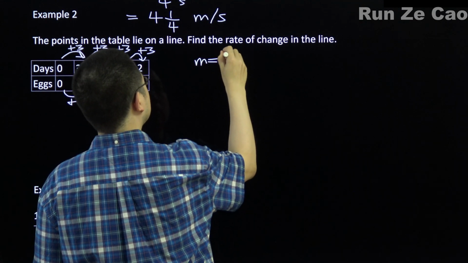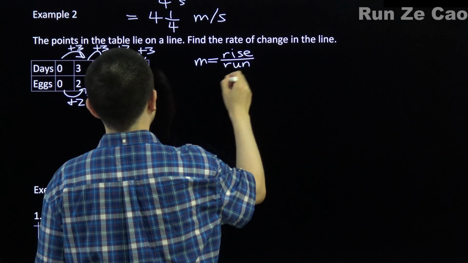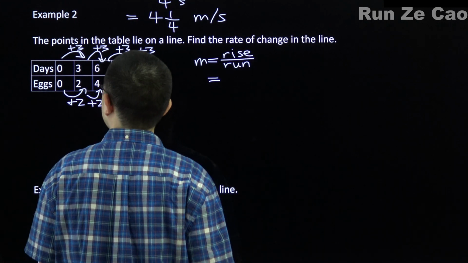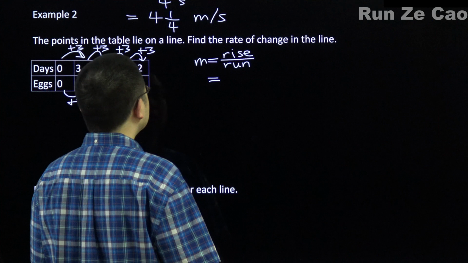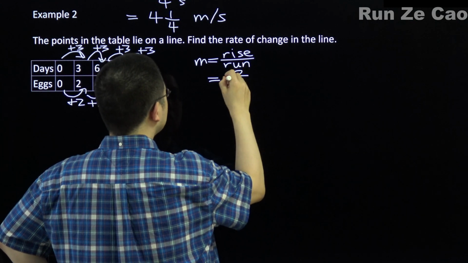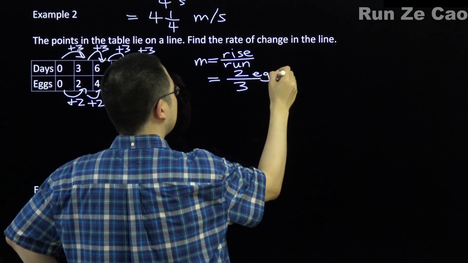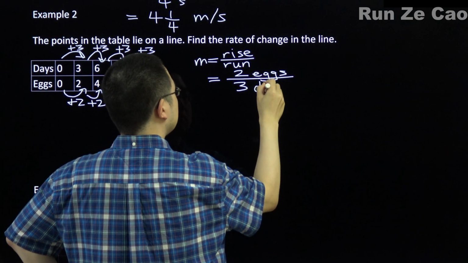M is equal to rise over run. Now that means we're going to be finding eggs per day. So rise is 2 over 3. 2 eggs per 3 days.